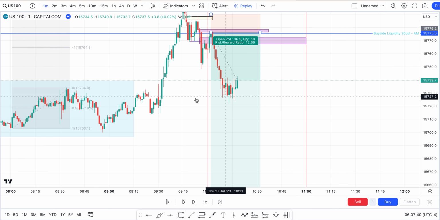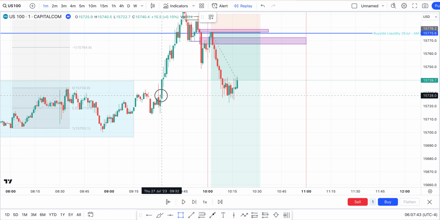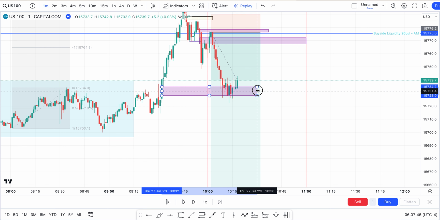Right now, market got into this fair value gap, and it's respecting it for now.